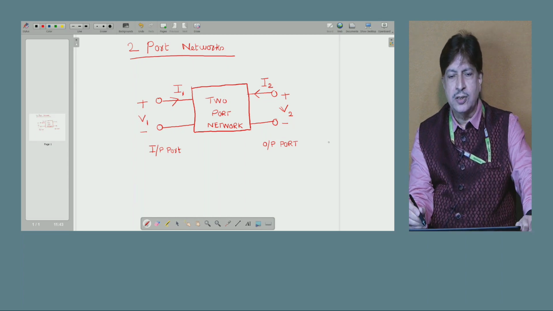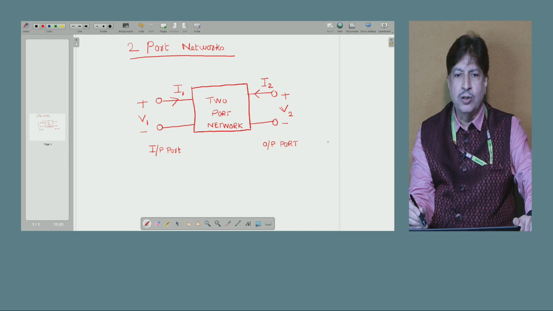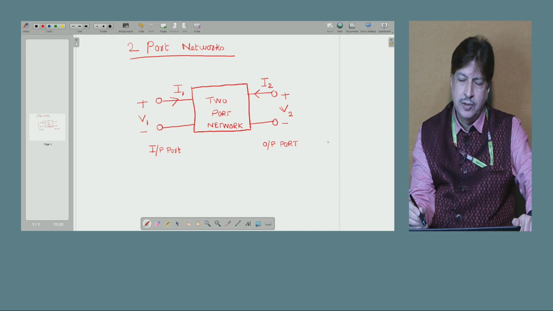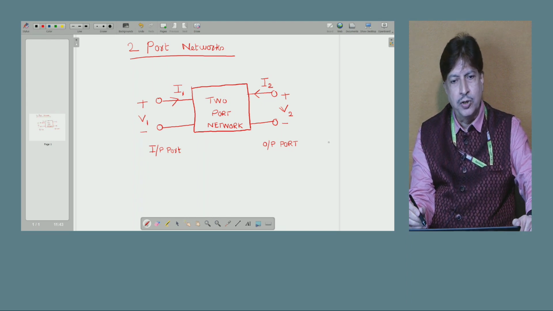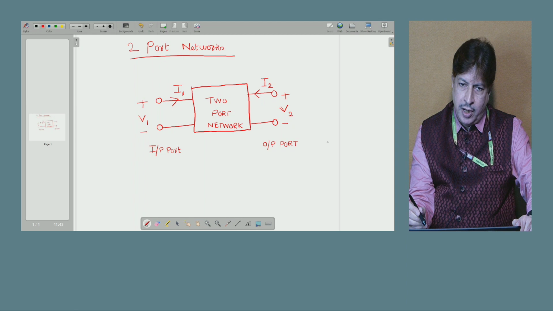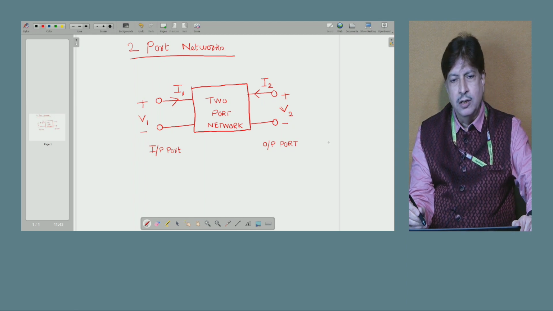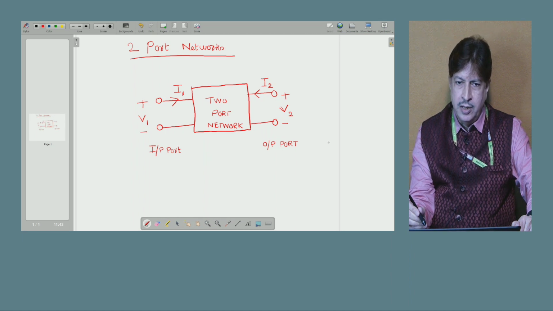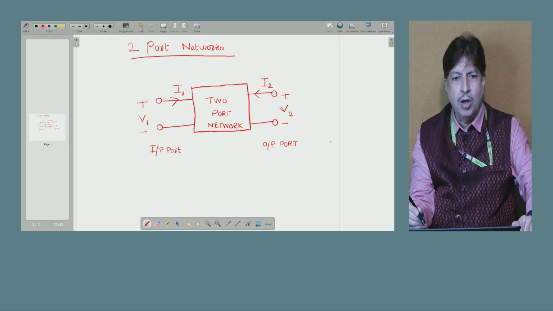The question here is, what is the importance of this particular network and what is the application of this particular network? Irrespective of the nature of the network, whenever we try to analyze that particular network, it is convenient by ignoring the nature of the network and by assuming that network in the black box, we can always analyze that particular network.